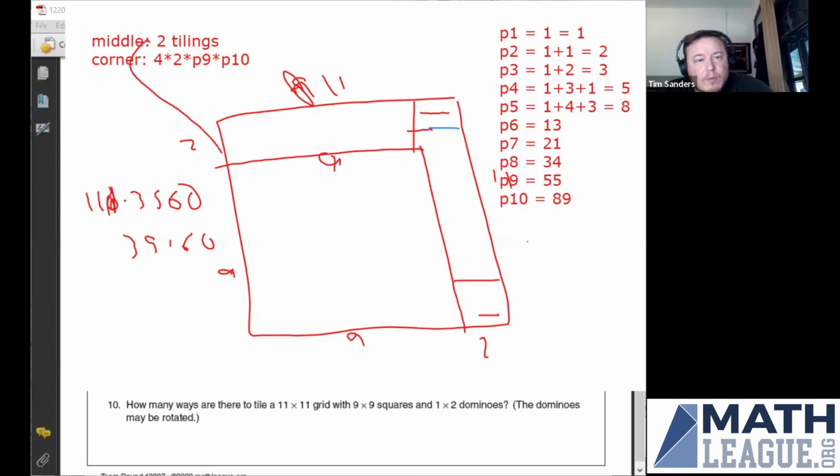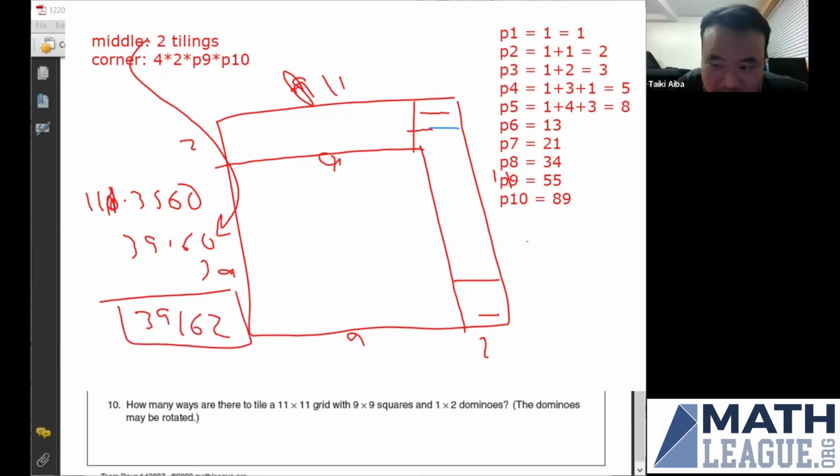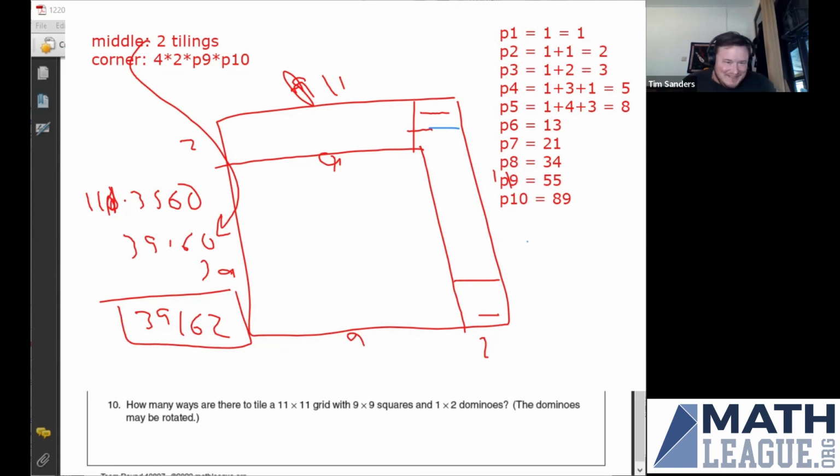Plus these 2. Oh, yeah, that would have been crazy, right? You get that close to it and not get it. 39,162. All right, that's pretty cool. So that's our team test for the high school state meet in 2022.